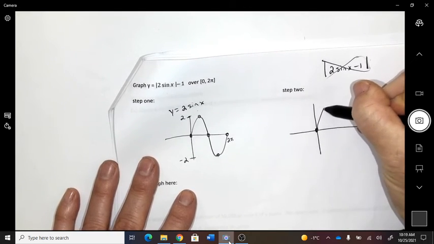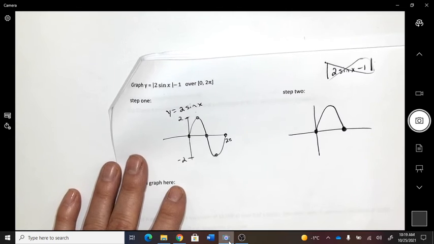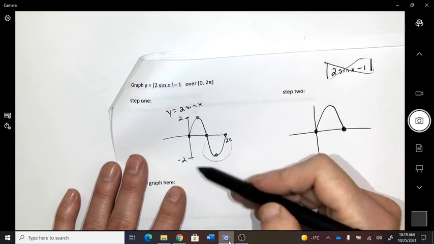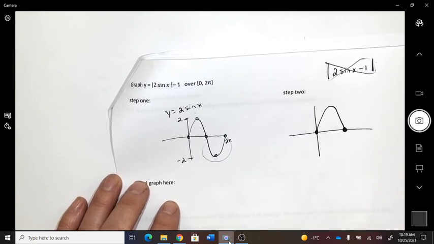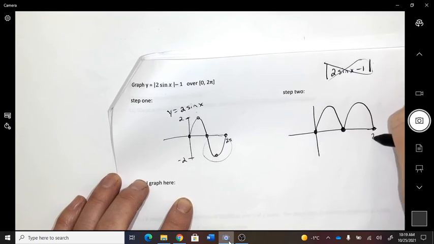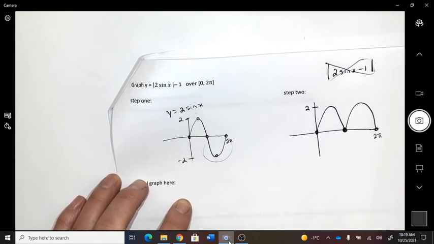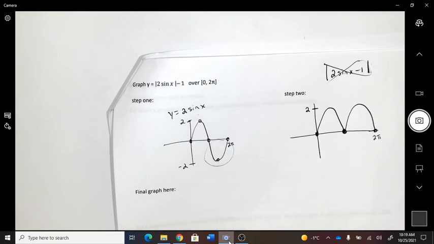If it's positive, leave it. If it's negative, that chunk there needs to become positive. So that's an absolute value, right?